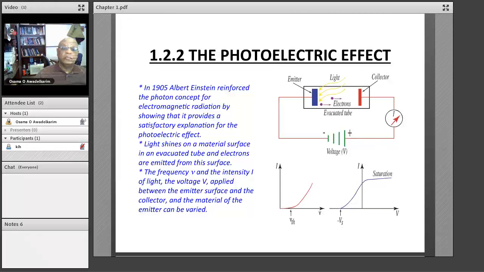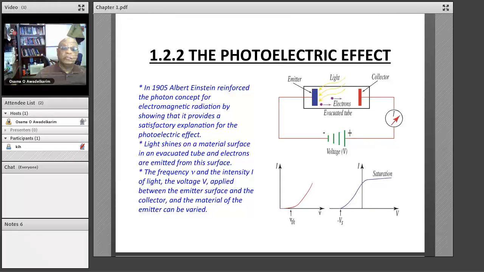And we said each particle is called a photon, and each photon carries energy. This energy is Planck's constant times the frequency. So we can think of electromagnetic radiation as particles. So there is a dual nature for electromagnetic radiation, waves or particles.